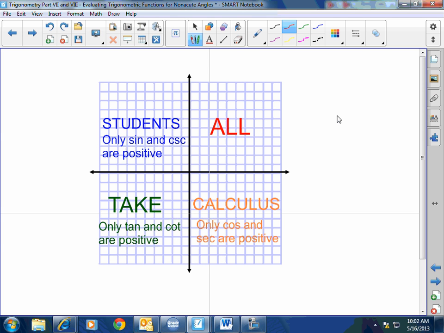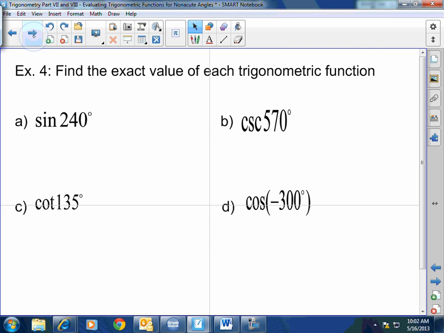But in a pinch, I don't even need to draw my angle. If I know what quadrant I'm in, I can tell you if it's going to be positive or negative. If you have your reference angle in the first quadrant, it's going to be all positive. If it's in the second quadrant, only the sine and cosecant are positive. If it's in the third quadrant, only the tangent and cotangent are positive. If it's in the fourth quadrant, only the cosine and secant are positive.